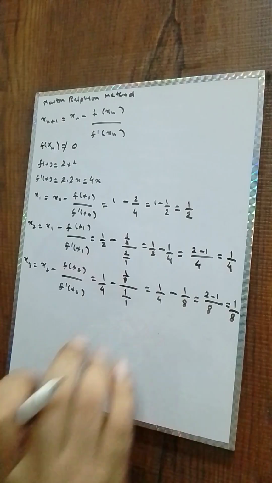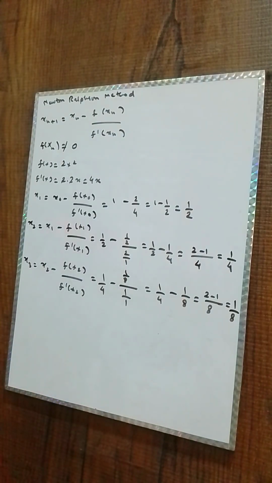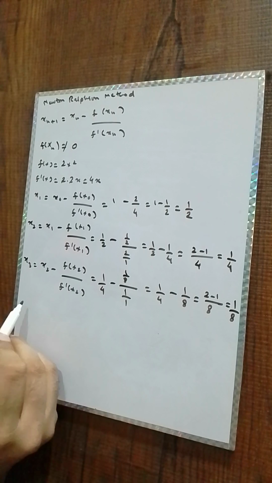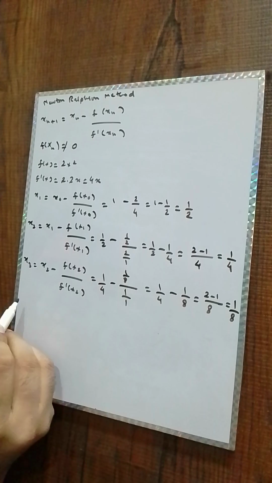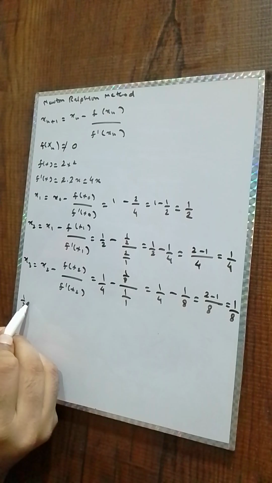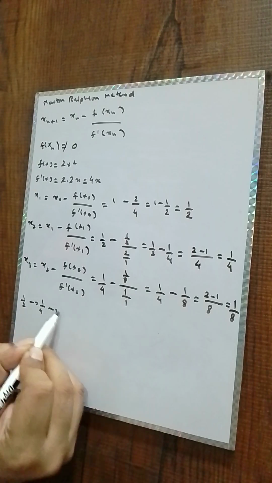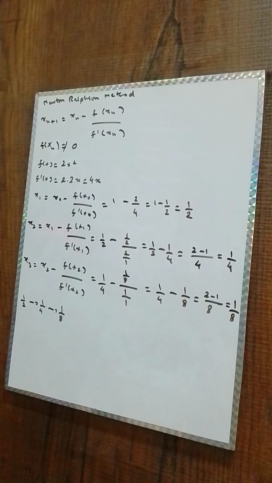So we can estimate the numeric values as well, but from common sense we can see that the error is shrinking from 1 by 2 to 1 by 4 to 1 by 8. So the more iterations we do, the closer we get to our final approximation.